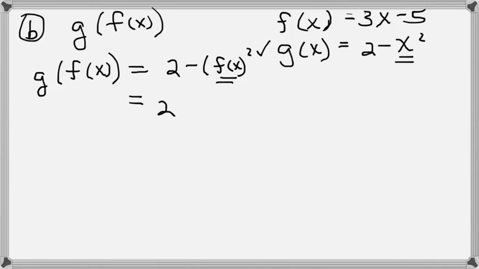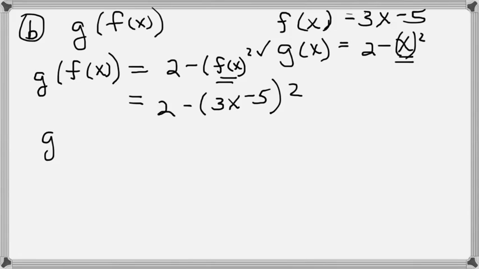So now I have 2 minus, and put the whole thing, and make sure that you keep it in parentheses. Make sure that you always keep your variable in parentheses when you're substituting. It'll help you follow order of operations. It'll help you remember integer rules. Therefore, you won't make a mistake. Alright, so here's our function.